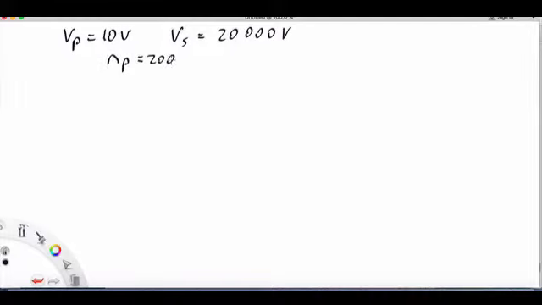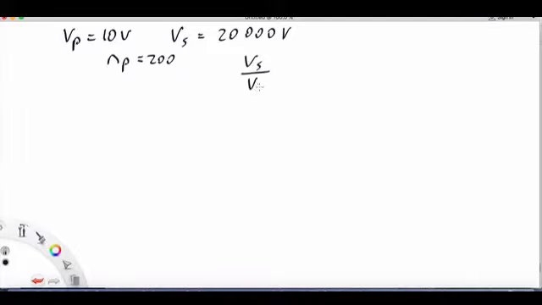Now number 5, we have an induction coil and we've got an input voltage of 10 volts and a voltage in the secondary. The output is 20,000 volts. So we have 200 turns in the primary. How many turns are there in the secondary?